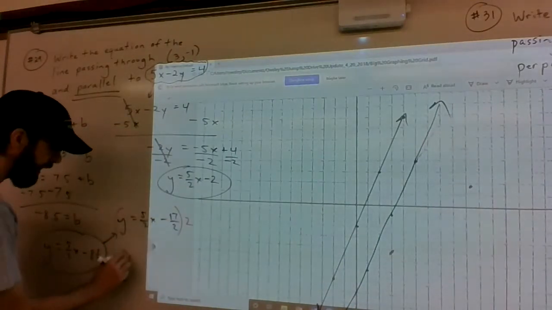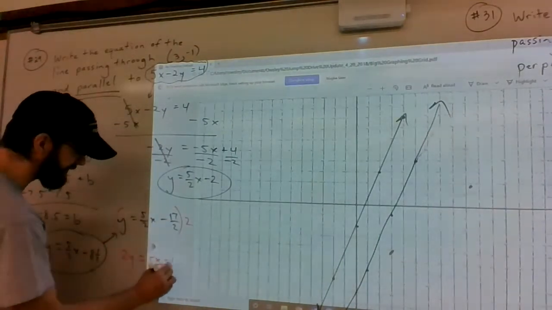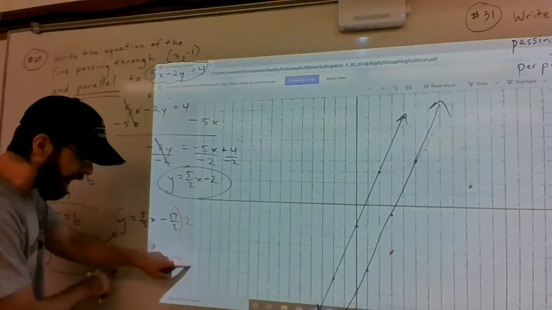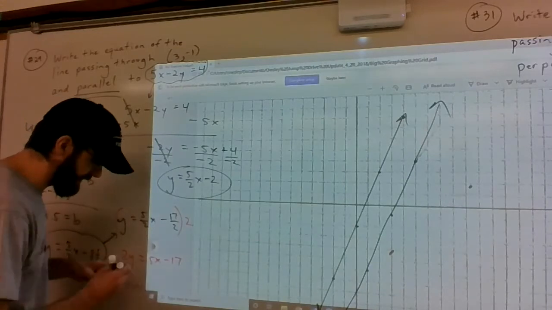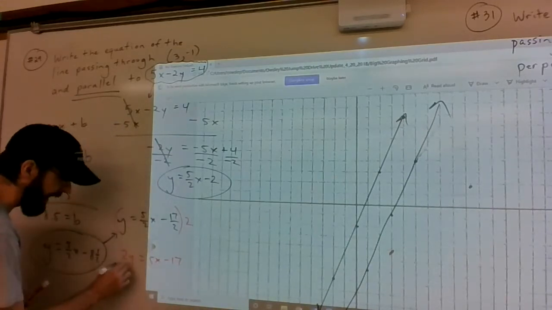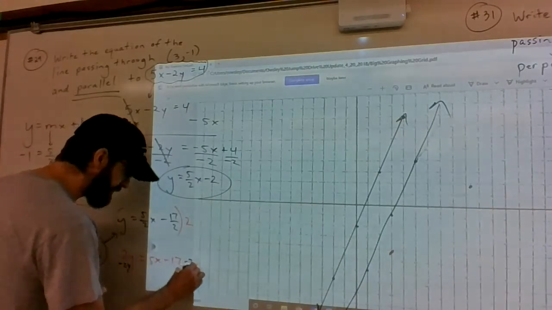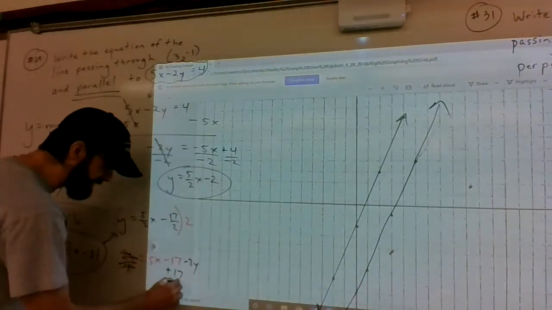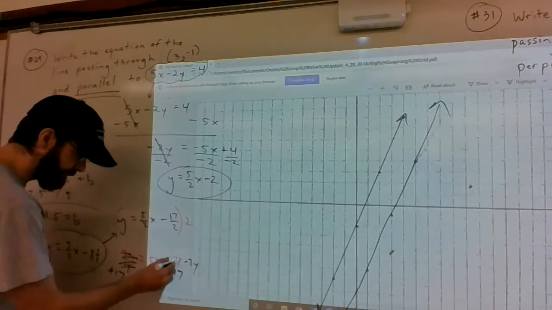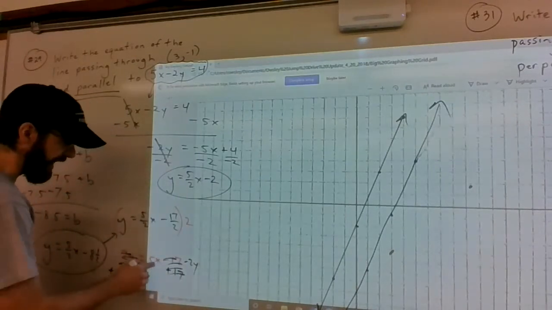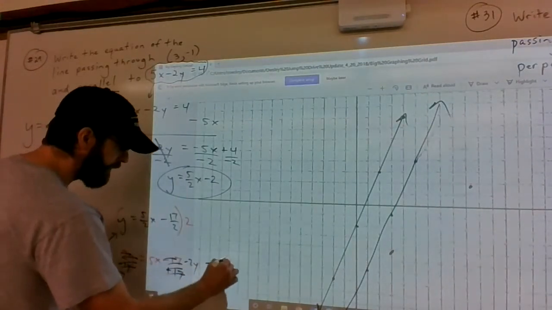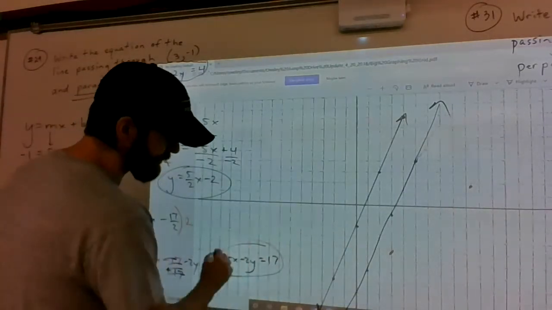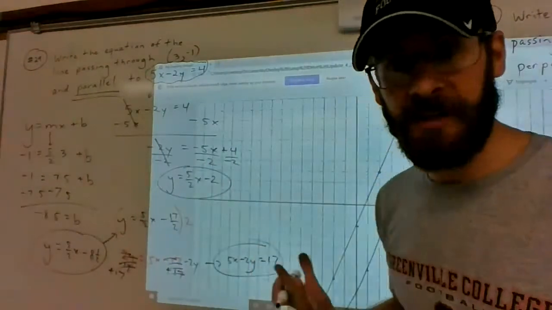So it'd be 2y equals 5x minus 17. Then I swap: subtracting 2y from both sides and adding 17 to both sides. So 5x minus 2y is equal to 17. That's probably what's going to be in the answer key, if it's supposed to be in the general form.